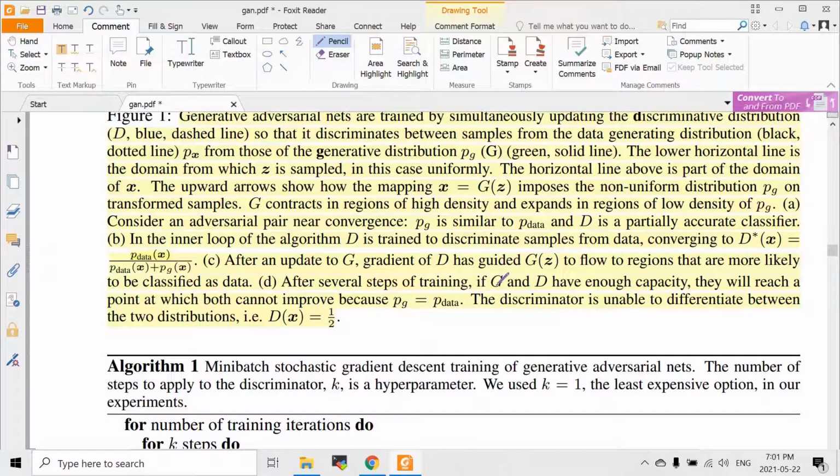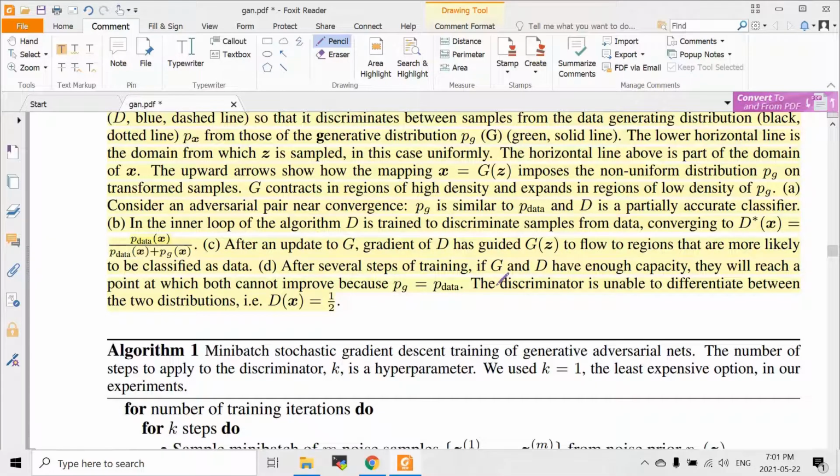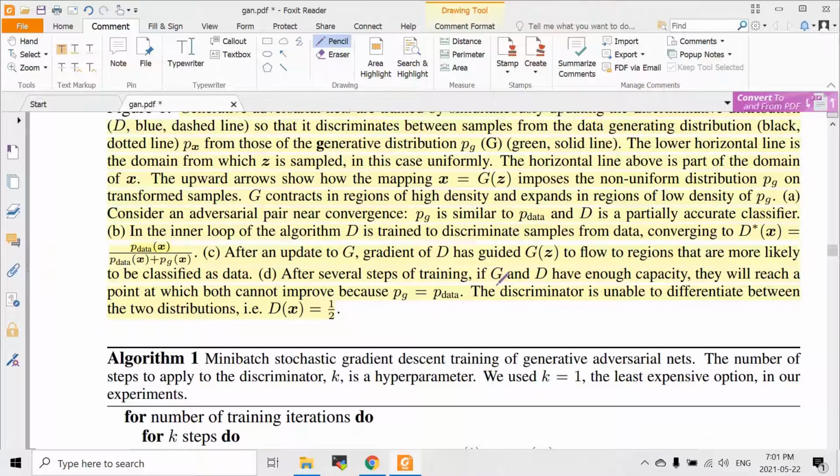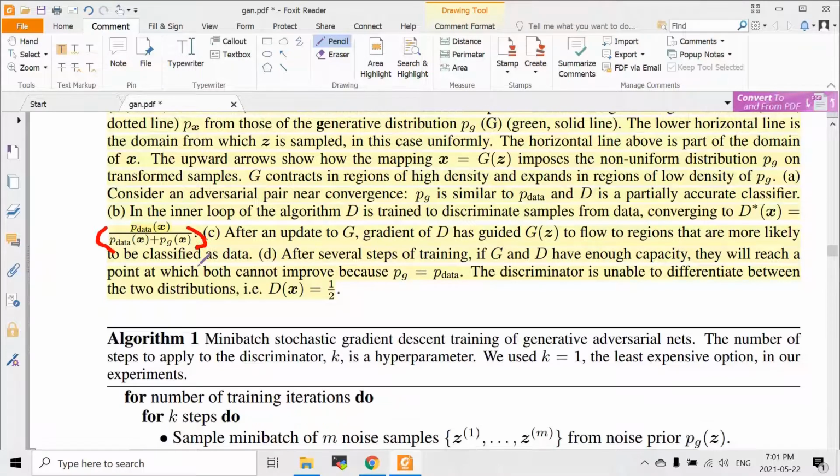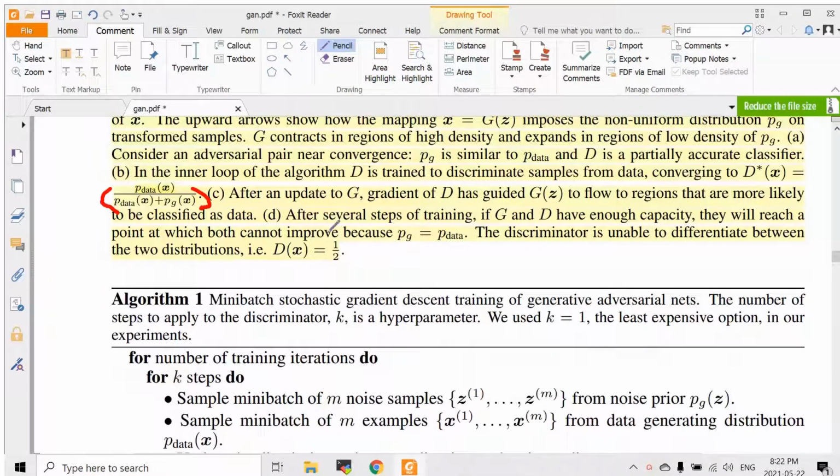Consider an adversarial pair near convergence. PG is similar to P data and D is a partially accurate classifier. In the inner loop of the algorithm, D is trained to discriminate samples from data. So after several steps of training, if G and D have enough capacity, they will reach a point at which both cannot improve because PG equals P data, which means both of these probabilities are half.